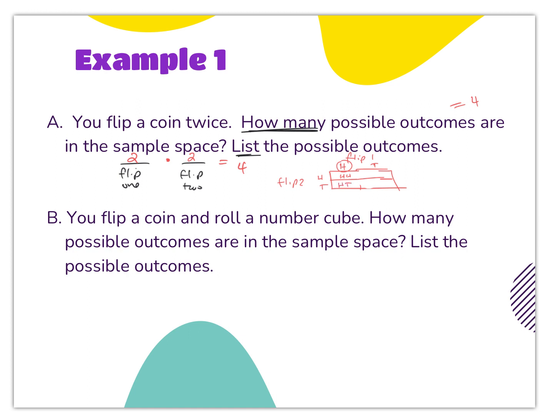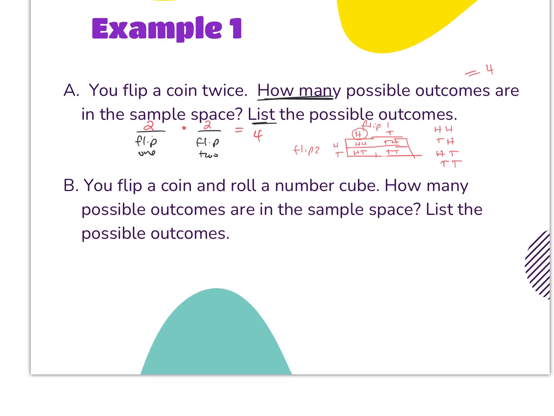Heads, tails. Tails, heads. Tails, tails. When you're asked to list, this is your combination. Those are the 4 possible outcomes listed out. You could get a heads first and then a heads second, a tails first and a heads second, a heads first and a tails second, or a tails first and a tails second. And that's how we would answer these types of questions.